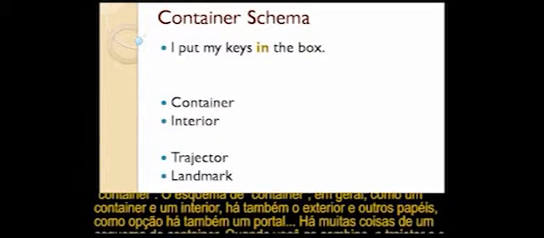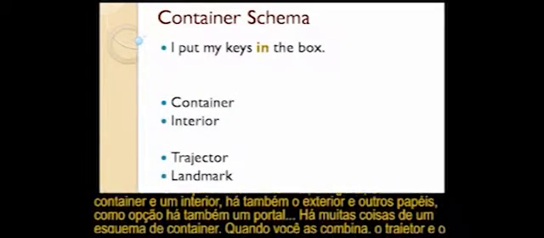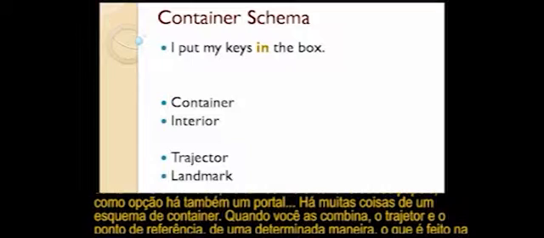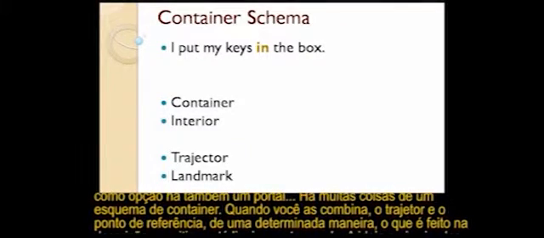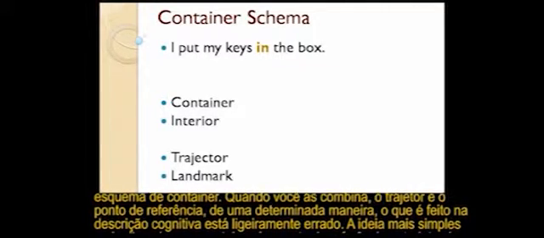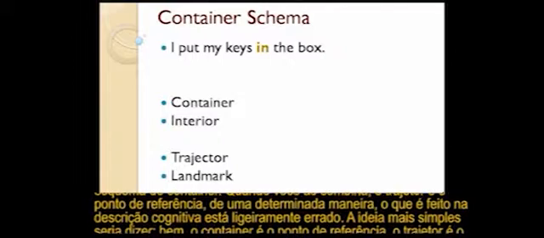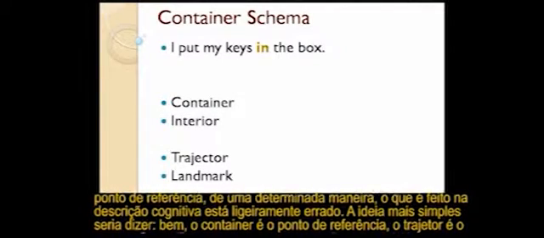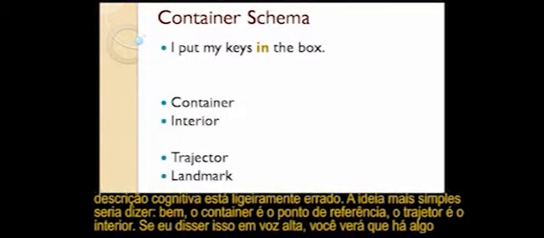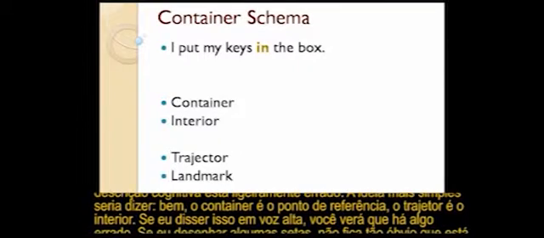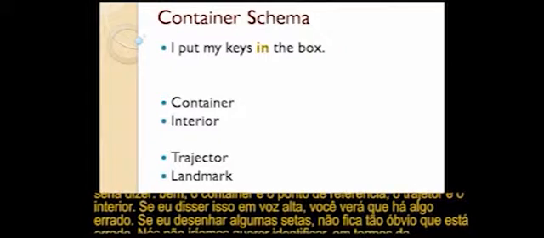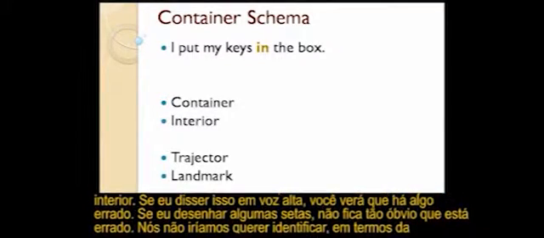The simplest idea would be to say the container is the landmark, and the trajector is the interior. If I say it out loud that way, you can see something weird and wrong about it, but if I just draw some little arrows, it isn't so obvious. So in FrameNet terms, we wouldn't want to identify the frame element of interior with the landmark or the trajector. We need to do something more complicated.